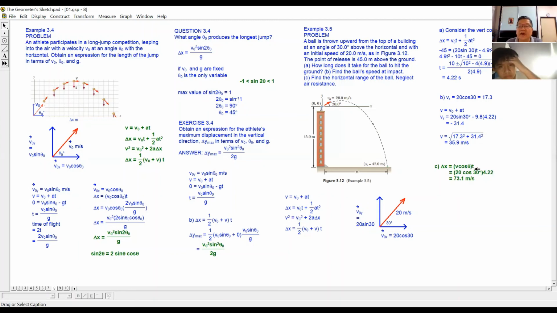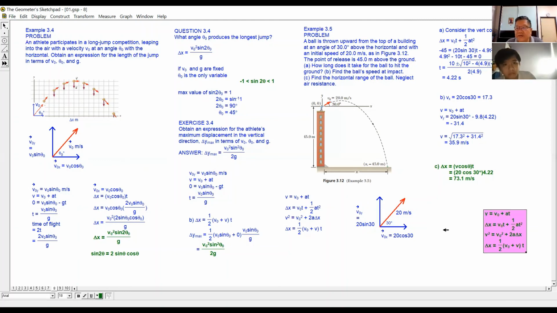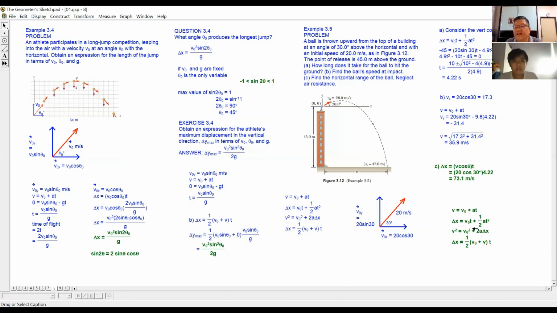Whereas for the vertical component, you have to use all these formulas here. As if there's a constant acceleration, then you have to use these. If there's no acceleration, then you don't need to use them.